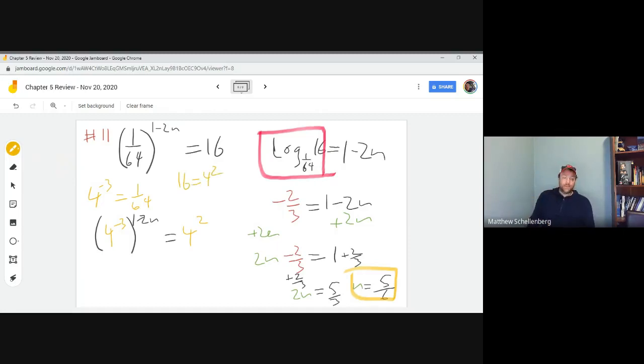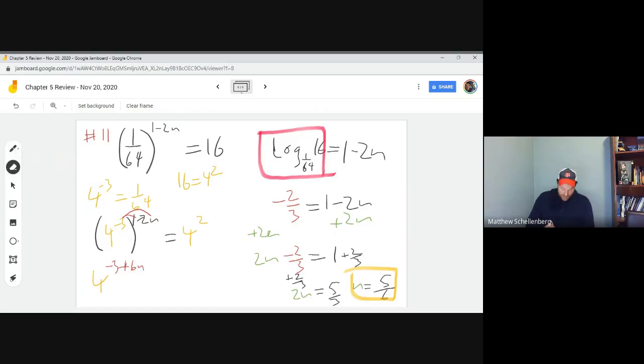Now what? Does this help us at all? How am I supposed to know? Well, whenever we have bracketed exponents, or if you watch my video on exponents that I posted back in August or September, when you have bracketed exponents like that, you have to distribute the exponent to all of the exponents within the bracket. So this becomes negative 3 times 1, which is minus 3, and negative 3 times negative 2n, and that is plus 6n.